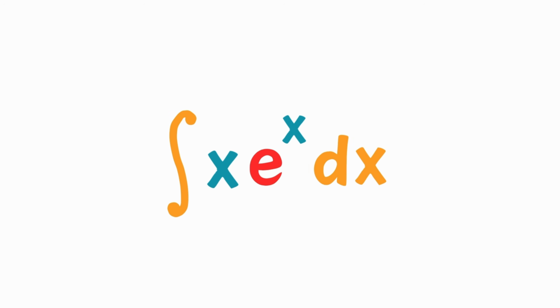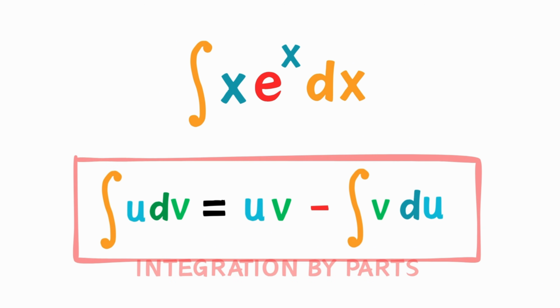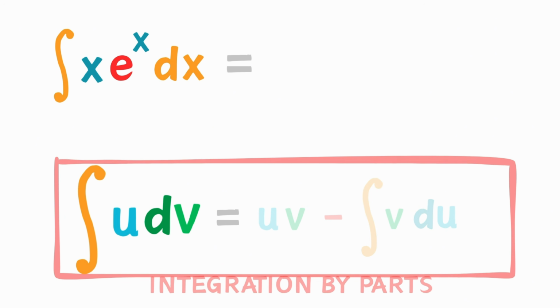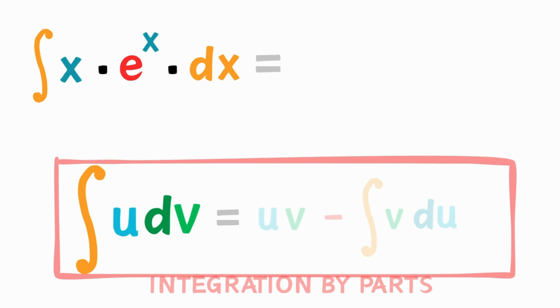As an example, let's examine the integral we had earlier, the one that u-Substitution failed to solve. You may have guessed that we are going to use integration by parts, and needless to say, we are trying to find what this integral equals. Using integration by parts, we need to find the u and the dv in this integral. How do we do that? Well, our integral has two functions, x and e to the power of x.